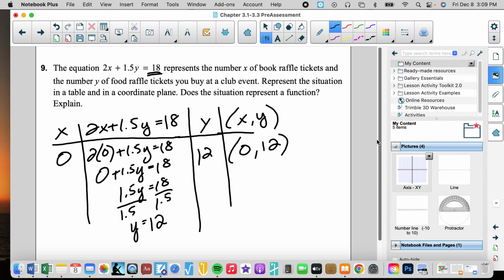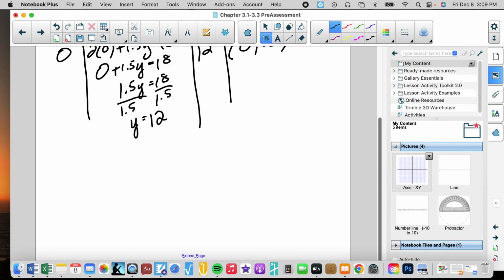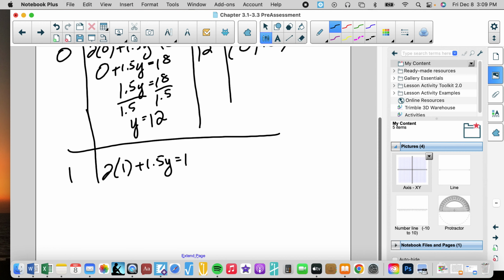Okay, now here's the, should I do this? Okay, no, we'll do this. So we'll do it 2 ways. I'll show you a little trick. So we can keep doing this. We can plug in 1 and keep solving for my food tickets. So it's 2 plus 1.5y equals 18.